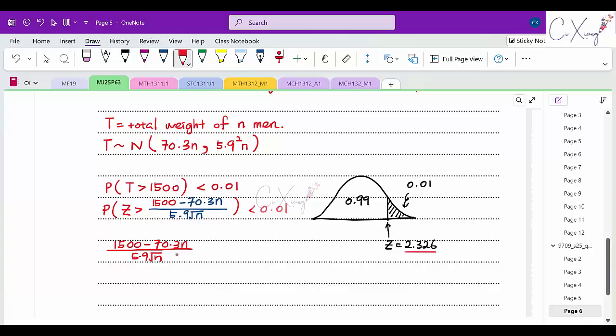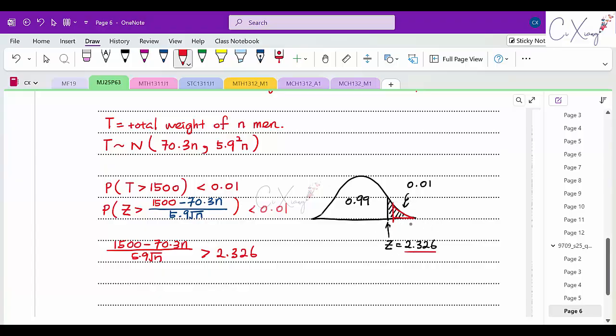Because if the value of z that we have is more than 2.326, then only it will form an area smaller than 0.01. Understand what I said or not? Therefore, this value of z should be more than 2.326, so that the area I get from this inequality will be less than 0.01.